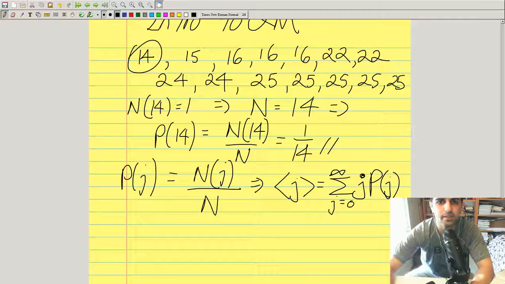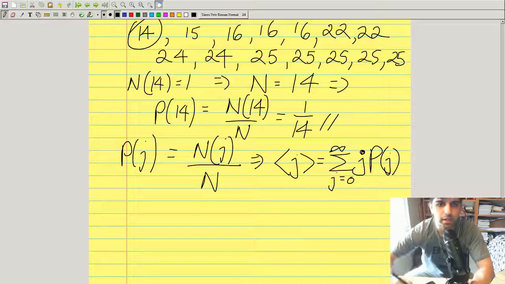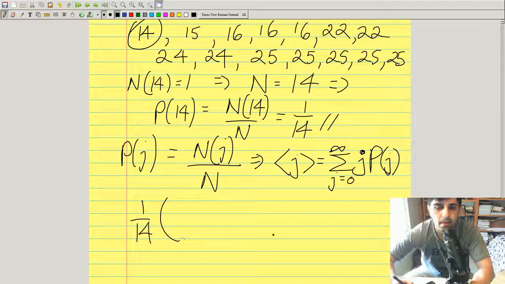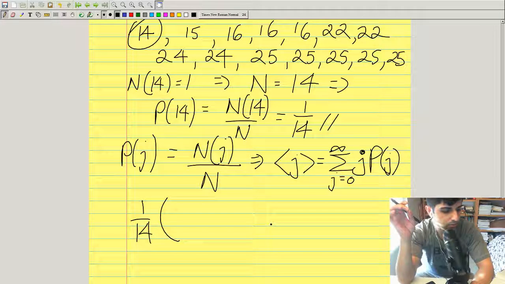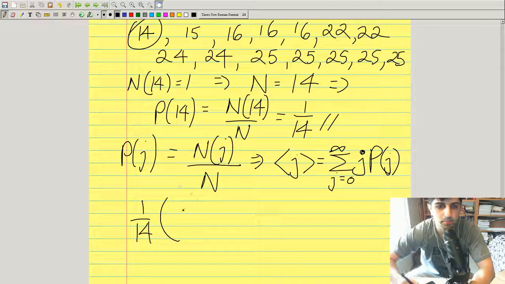Okay, so in this example, the average age, I can calculate it as such. So 1 over 14, okay, is, so in this case I've got a total of 14, right? So that's 1 over N, that's 1 over 14. And then I just got to sum the age and the number of people at that age.